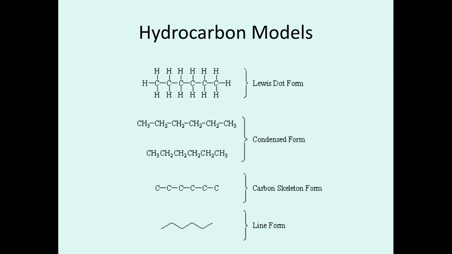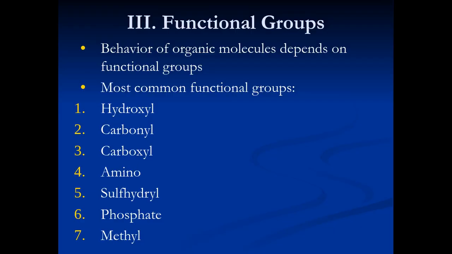Now at this point, we're going to jump to what we were looking at earlier in the year. That would be the functional groups. Now, the basic functional groups are hydroxyl, carbonyl, carboxyl, amino, sulfhydryl, phosphate, and methyl.